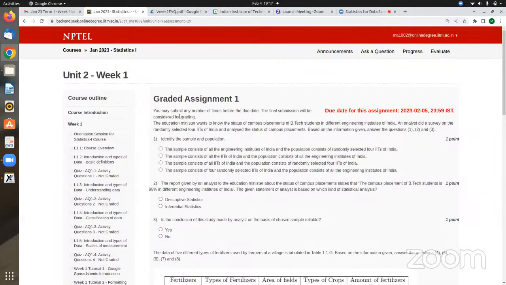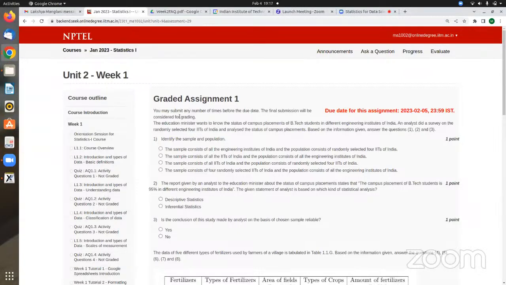This is a good sample, right? It's not a good sample, because it has considered only the students from IITs. Now the report given by the analyst is based on the analysis done on the sample, the 4 randomly selected IITs.